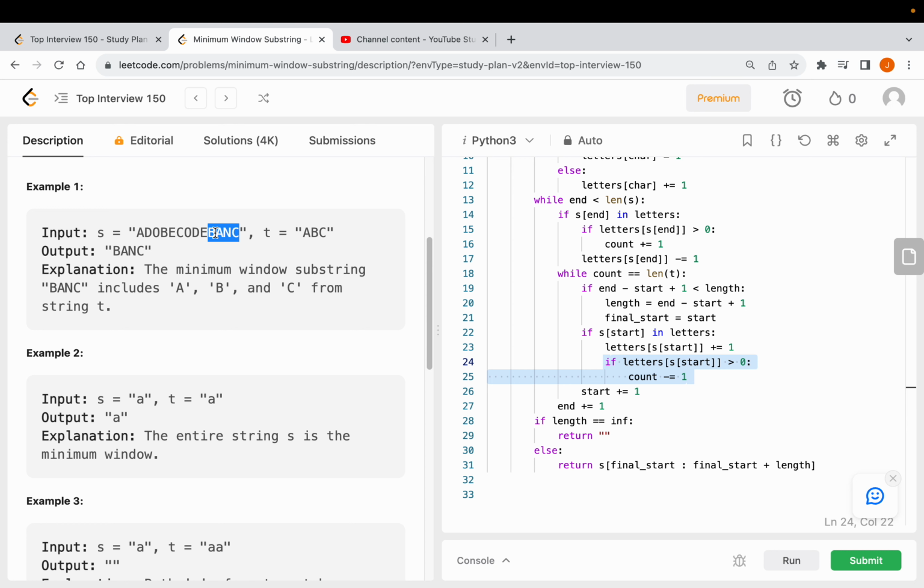If B is part of the dictionary, then we increment frequency because we're going to remove this, so we're going to need that B. And now what do we have as B's frequency?